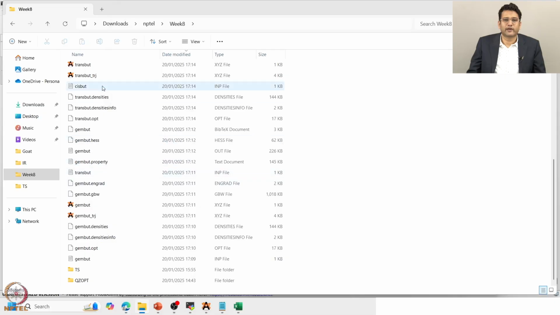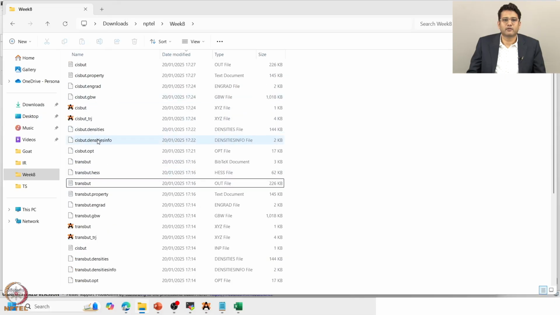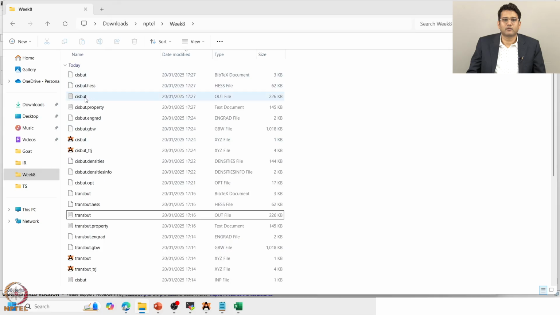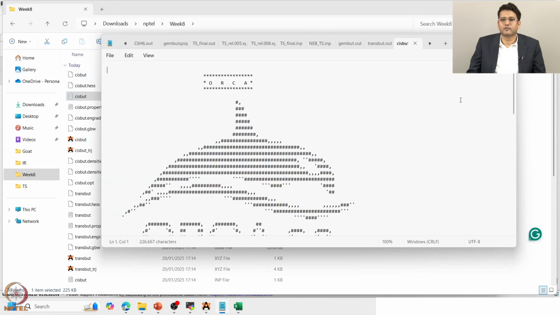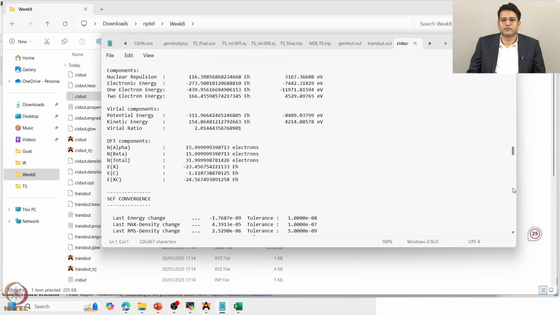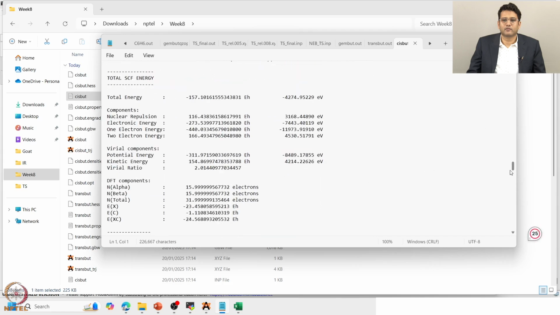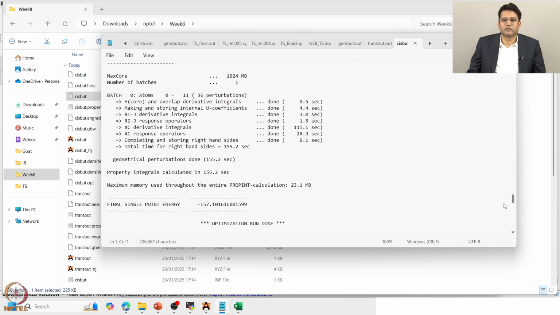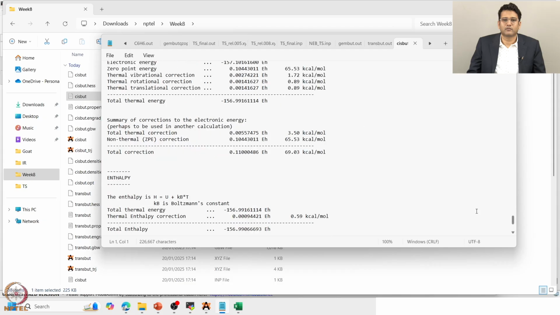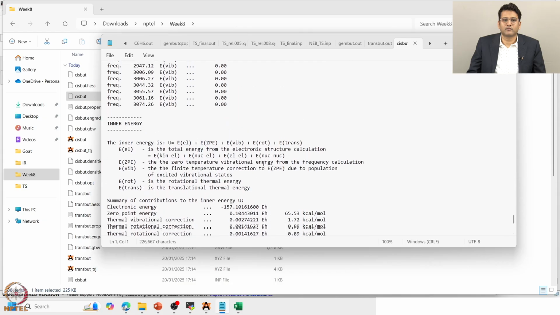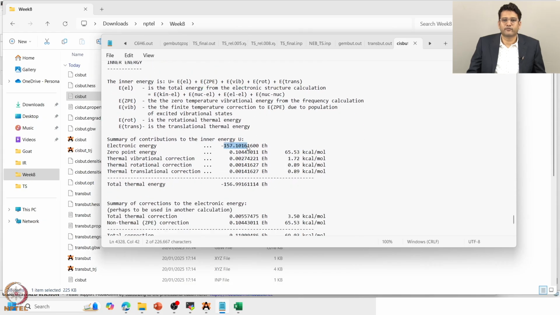So now my cis isomer is also done. So let us open it. This is the electronic energy.